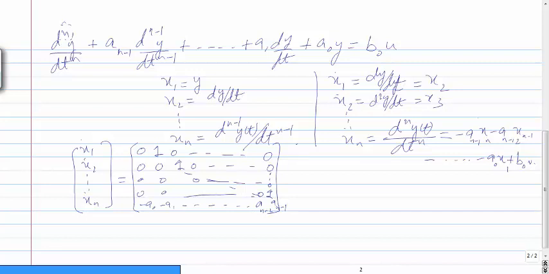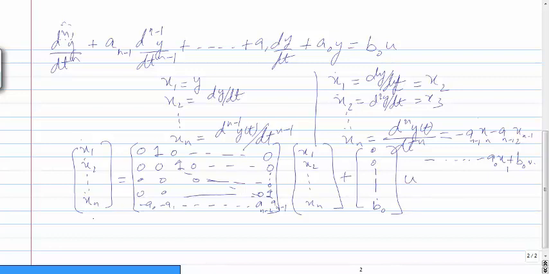So this is the way we can write the A matrix. Then we put x1, x2 up to xn, plus the input matrix. There's nothing with the input here, 0 0 up to the last one being b naught, and the input is u.